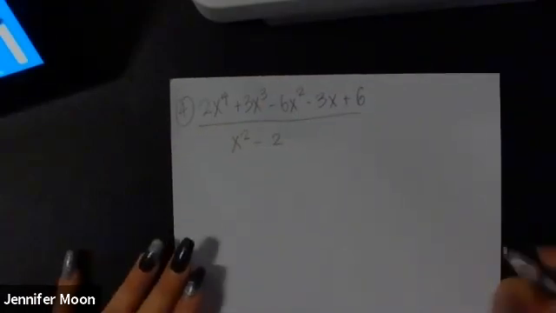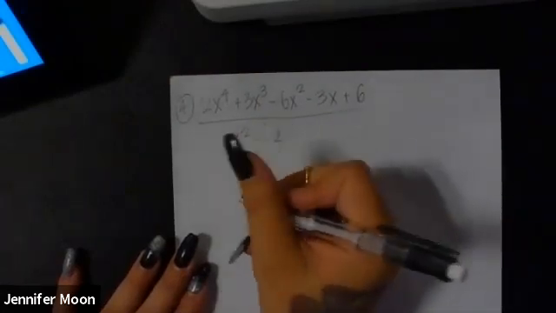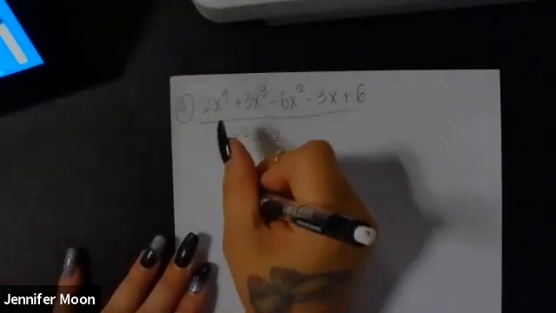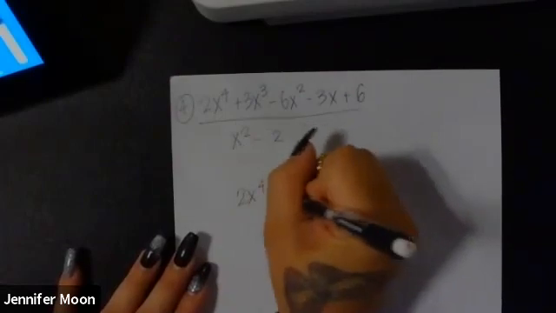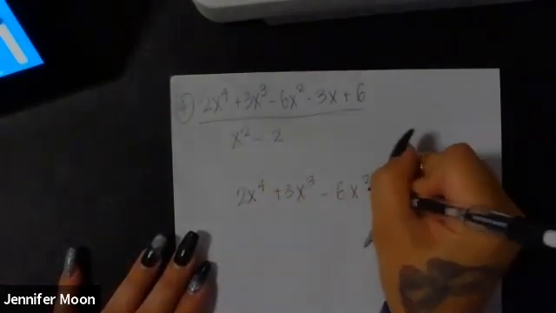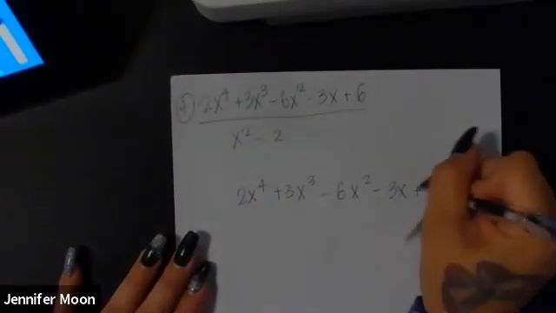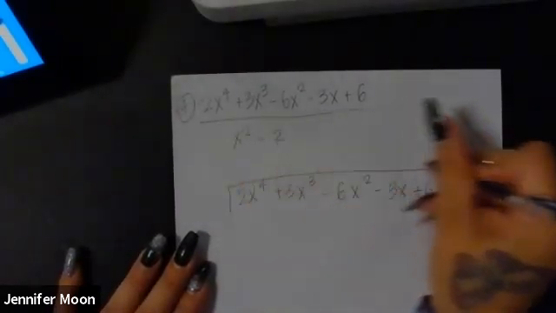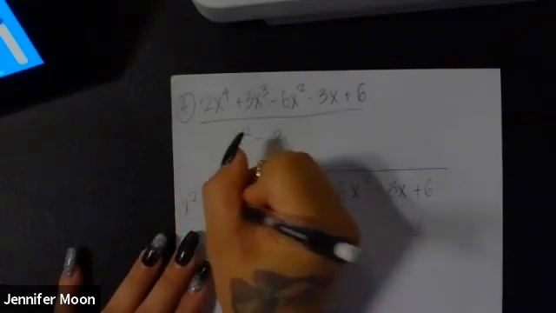Okay, so what this is saying is numerator divided by denominator, which looks like 2x to the fourth, positive 3x cubed, negative 6x squared, negative 3x, positive 6 divided by x squared, negative 2.